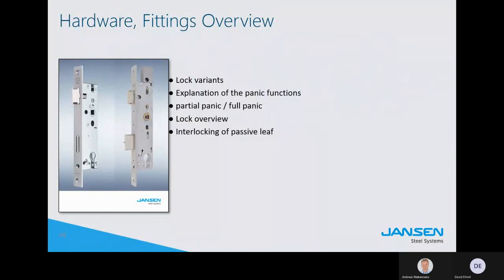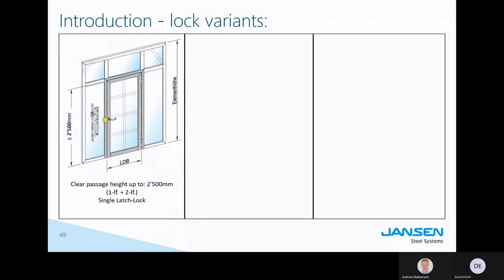Admittedly, it is a complex area due to the fact that we have a lot of functions and a lot of requirements, especially on fire stop doors. I will just show you a couple of examples of what kind of lock can be built into a door. When you have a single leaf door, we make a cut.